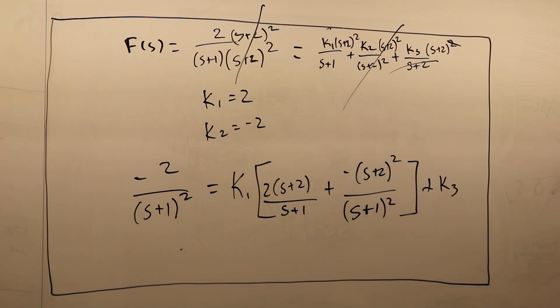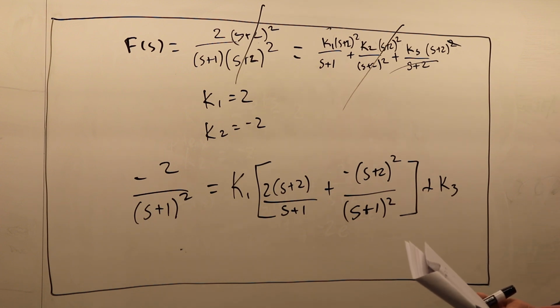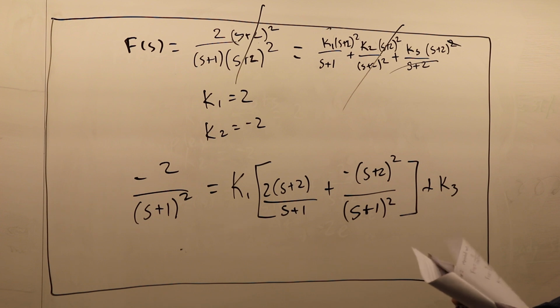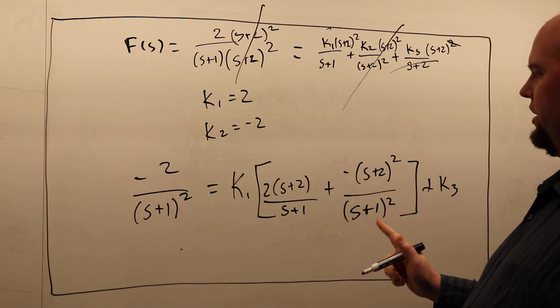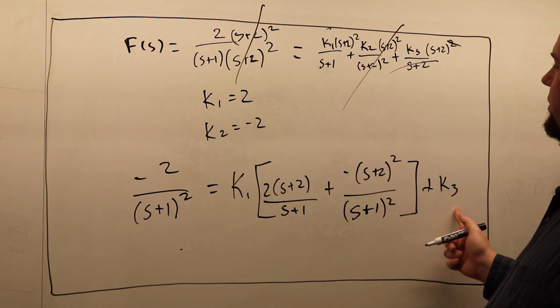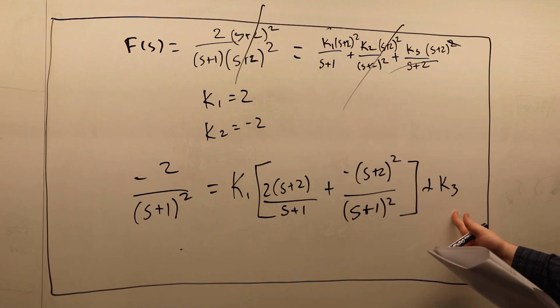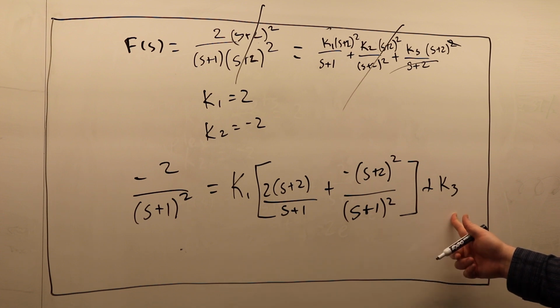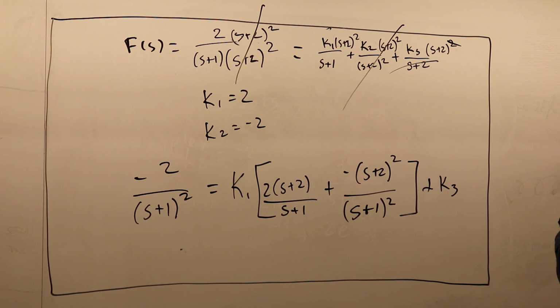So now, how can we solve for K3 here is what we're trying to do. Well, to solve for K3, we can just choose a value of s that's going to wipe out this K1 term.